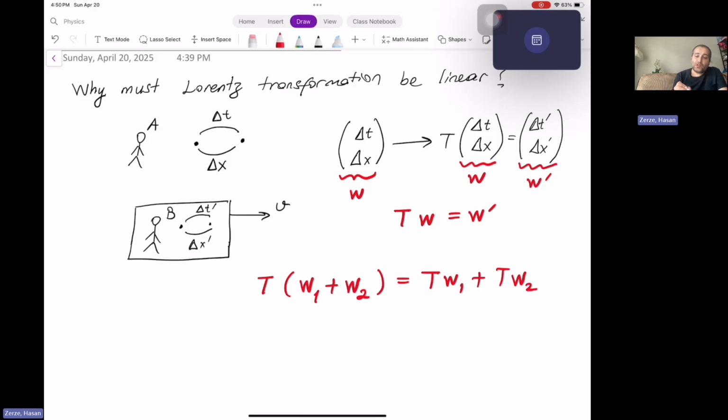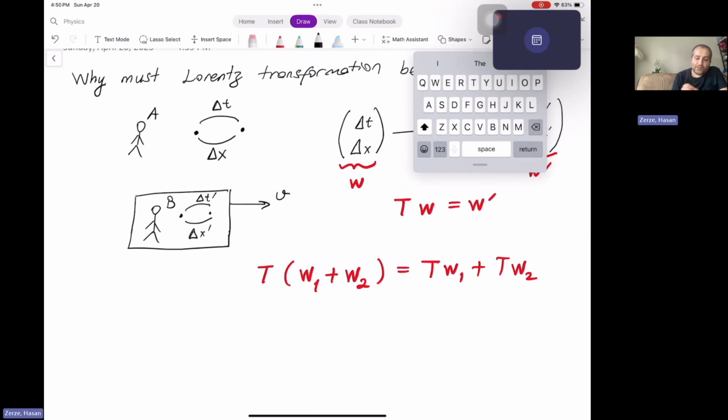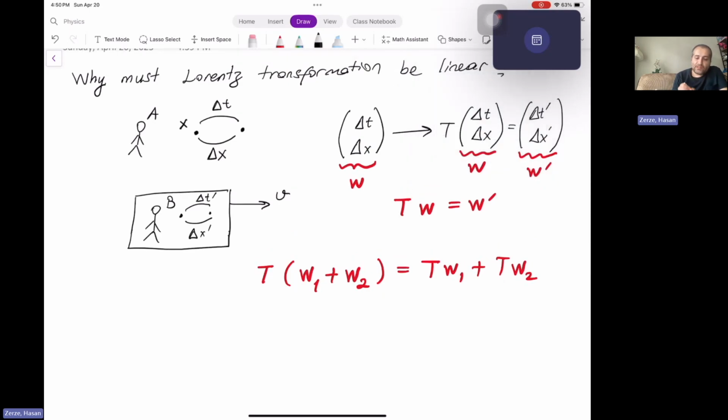Say you have three processes occurring in the frame of A. Say this is the process X, this is the process Y, and this is the process Z. These, let's call them events, X, Y, Z. Say X and Y are separated by delta T1, delta X1, and Y and Z are separated by delta T2, delta X2.